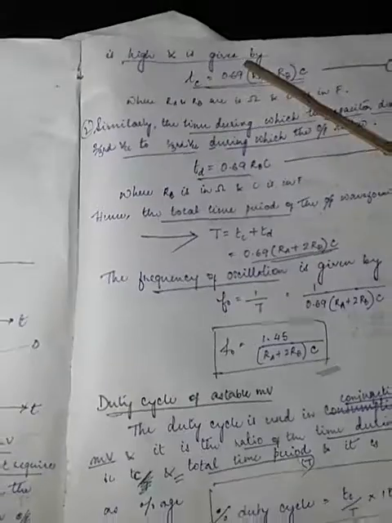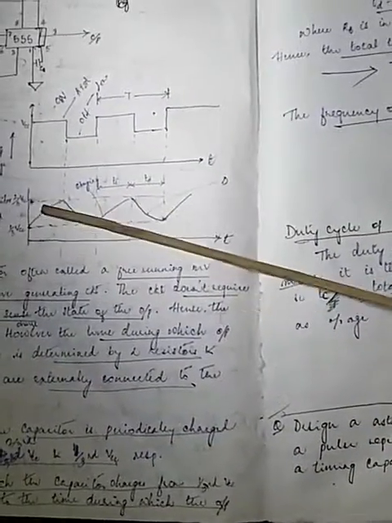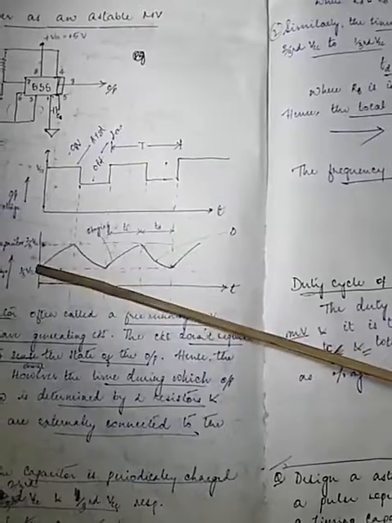The time during which the capacitor charges from 1/3 to 2/3 VCC is equal to the time during which the output is high, and is given by TC equal to 0.69 (RA plus RB) into C. You have to remember this expression, where RA and RB are in ohms and C is in farads.